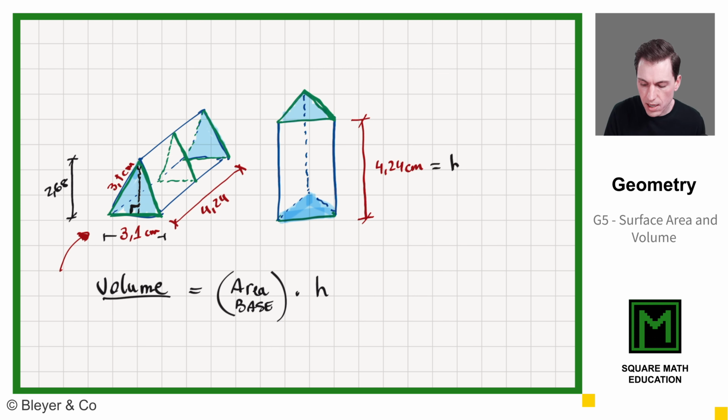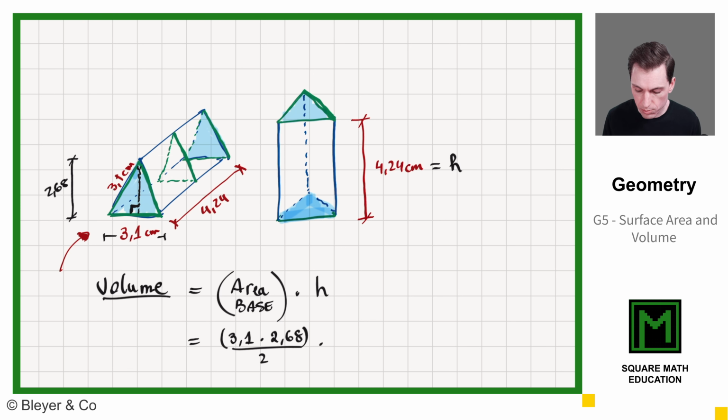Height is given here, h is 4.24. Really good. The only thing left for us to do is to calculate the area of the triangular base, which is 3.1 times 2.68 divided by 2. Don't forget to divide by 2, a common mistake.